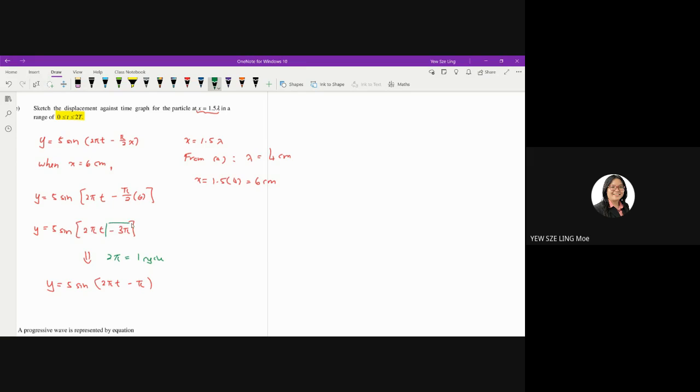This one tells you where the object is when it first begins, the initial starting point. So minus 3 pi means it starts from a place that is minus 540 degree before your equilibrium position. Minus pi means minus 180 degree before it reaches its equilibrium position, like the graph that I showed you just now.